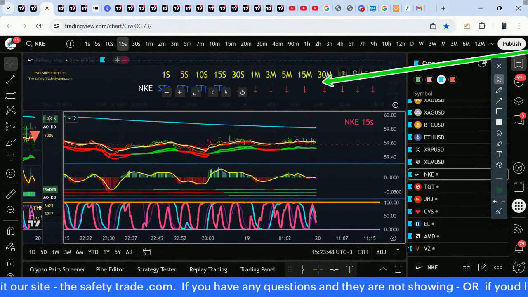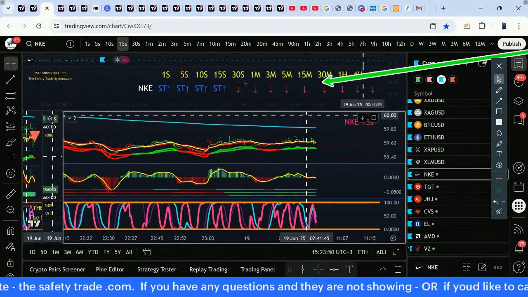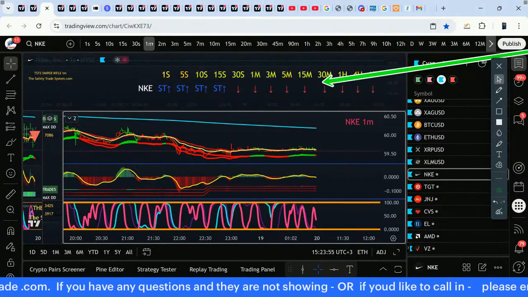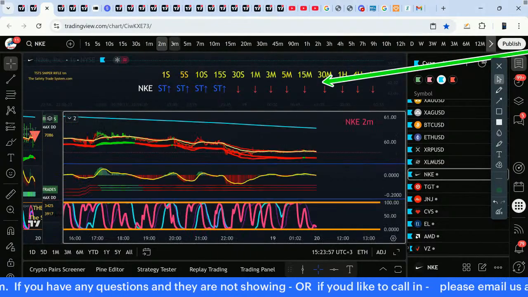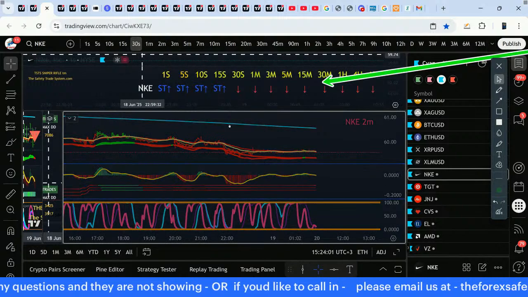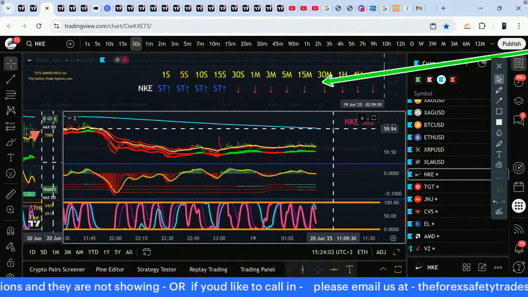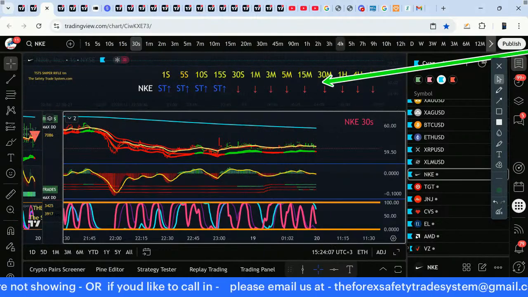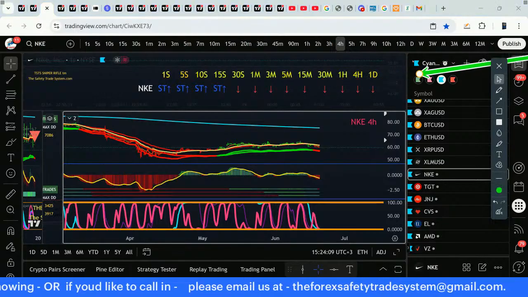You can see the ST safety trade in blue. 15-second buy stop to the blue line. 30-second buy stop to the blue line when Nike opens next. $60 take profit. Let's go all the way up here to daily in 12 hours.